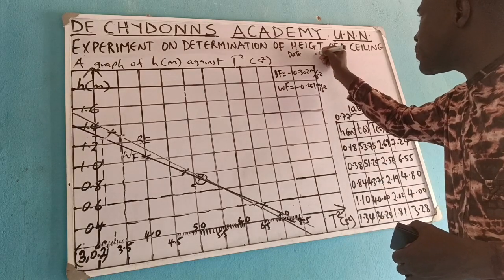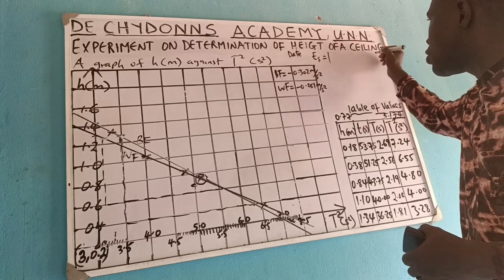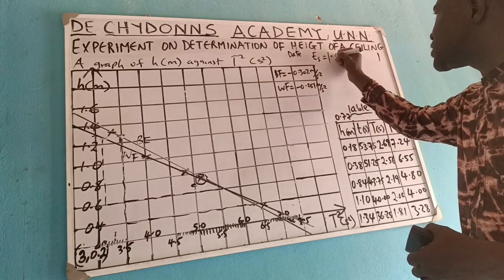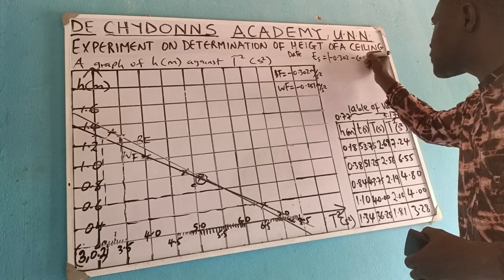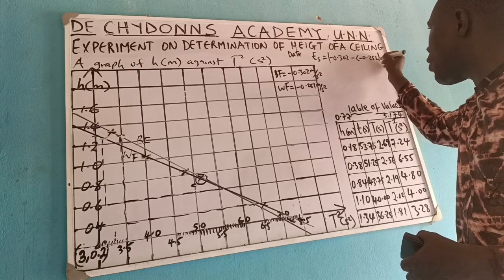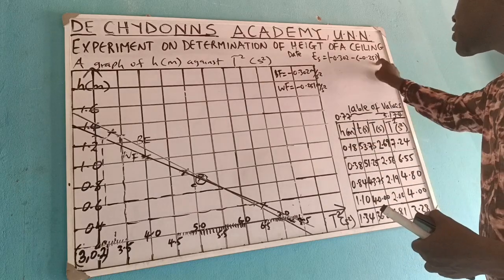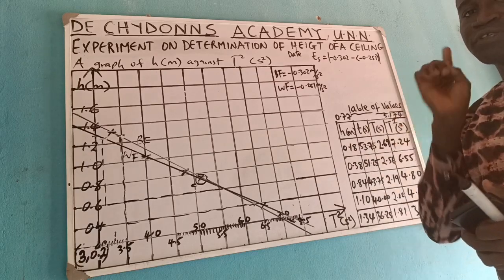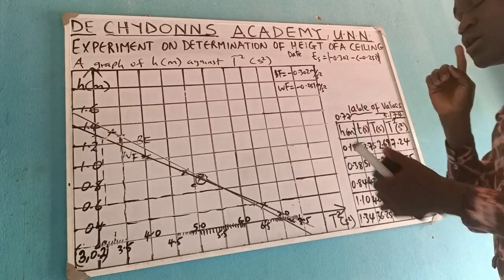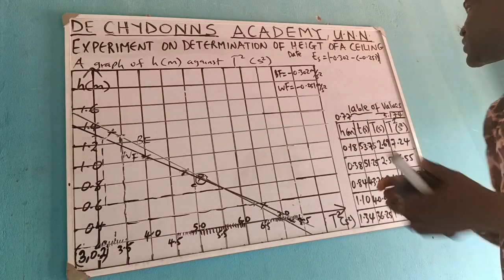Error in slope is equals to the modulus of best fit minus 0.302 minus worst fit minus 0.251. Get their modulus. That means when you subtract them, whatever you get, if it is positive, leave it as positive. But if it is negative, remove the negative sign.